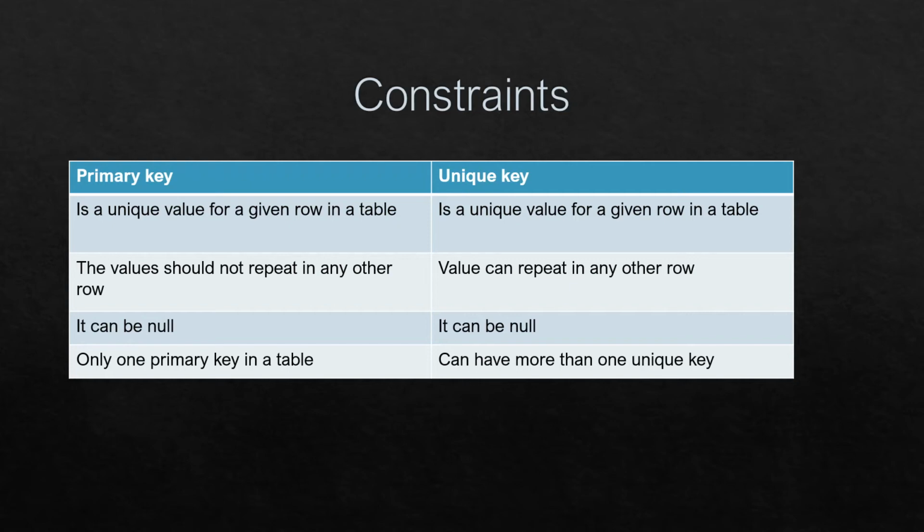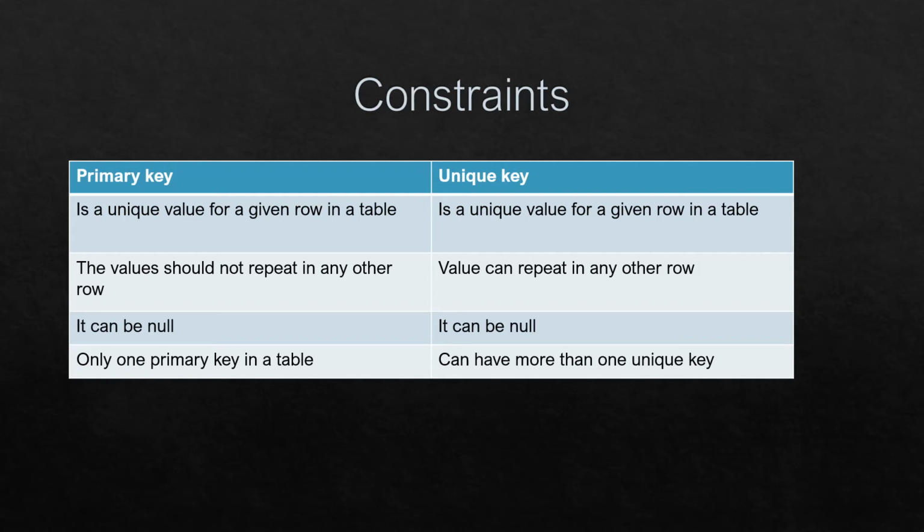Coming to the primary key, it's a unique value for a given row in a table. The unique key is again the same, but what is the major difference? When you talk about the primary key, let's say we have 100 records. In those 100 records, the primary key should be unique.